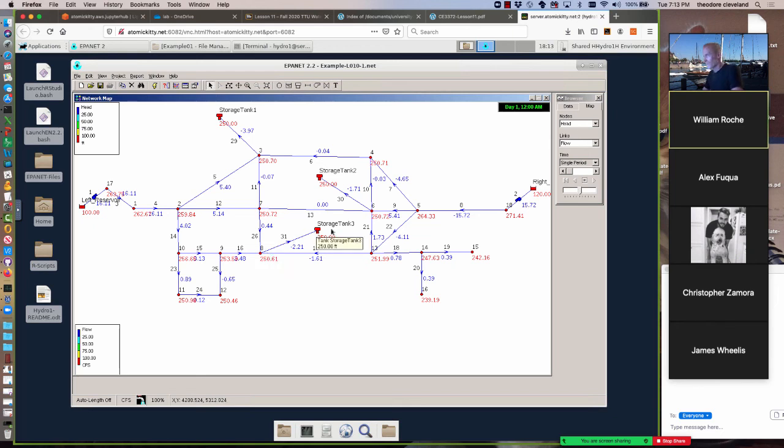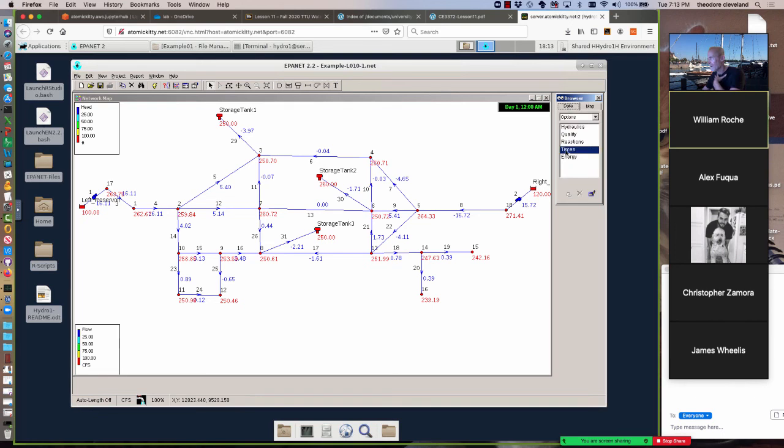So presumably the tanks are starting to fill. But we can't see anything because this is not an extended period simulation. It says so right there with single period. In this upper right hand corner, the black time box just says that we're day 1, 12 a.m.